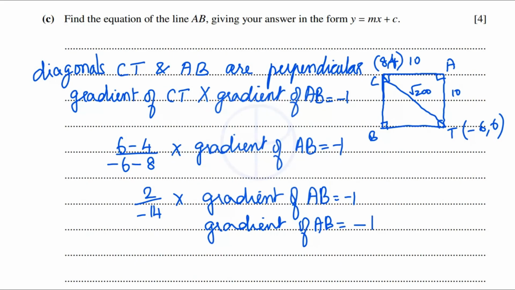Moving -14 to the other side it goes to the numerator and 2 goes to the denominator. So -1 multiplied by -14 is 14, divided by 2 is 7. So the gradient of AB is 7.